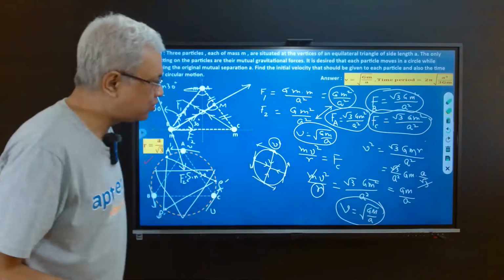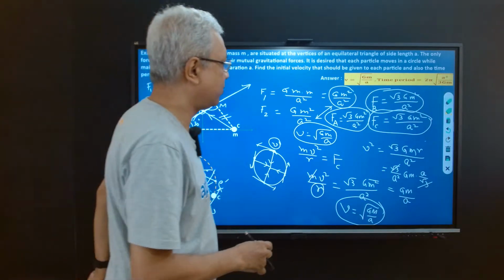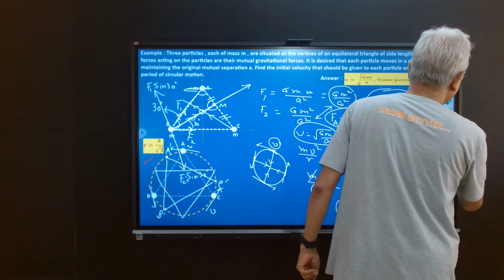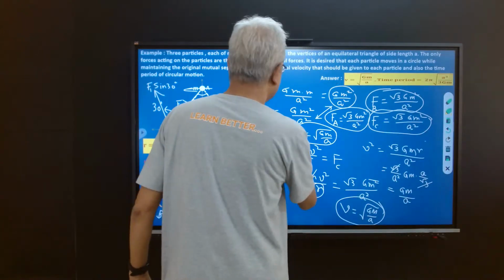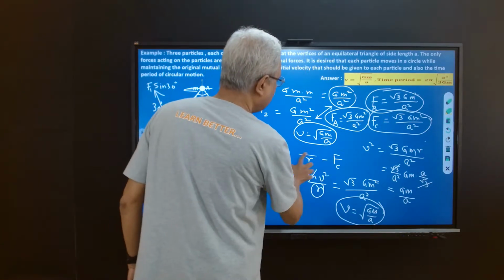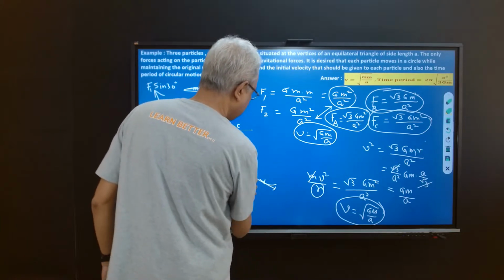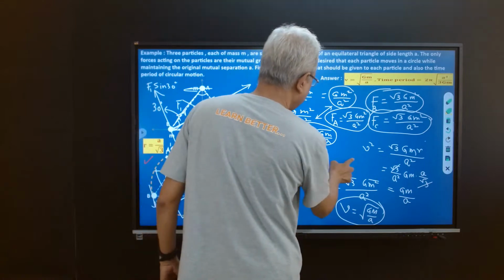I think there is no doubt, but there is another part of the problem: what is the period of rotation? For that, what do we do? Just think, v is the constant speed, uniform motion.